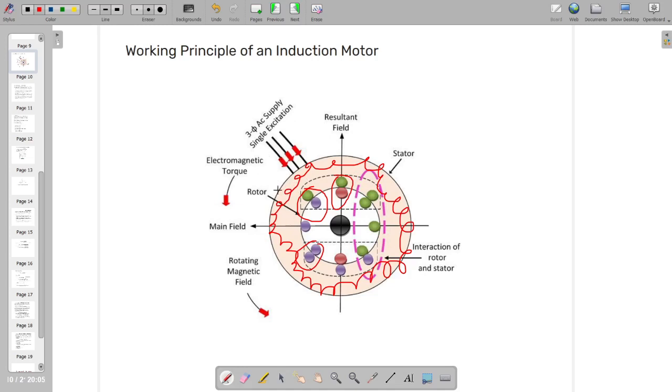When the three-phase supply is given to the stator, the rotating magnetic field is produced, which is shown in the figure. Consider that the rotating magnetic field rotates in the anti-clockwise direction.